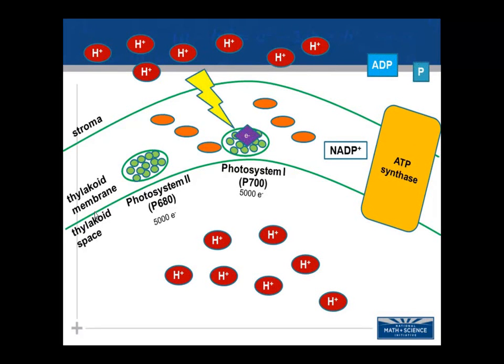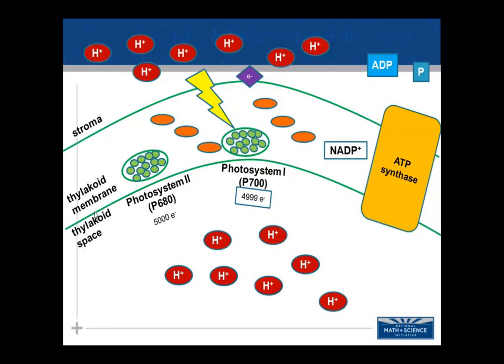So what happens here is light is going to hit photosystem 1, and it excites its electron to a higher energy level, again reducing the number of electrons that photosystem 1 has from 5,000 to 4,999. Now remember the coupling of the exergonic and the endergonic reaction.